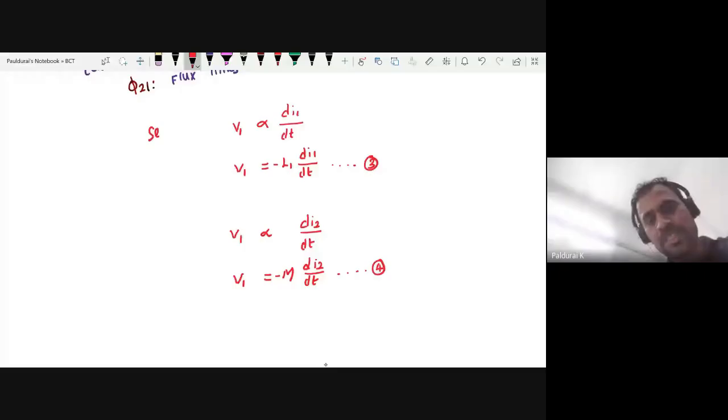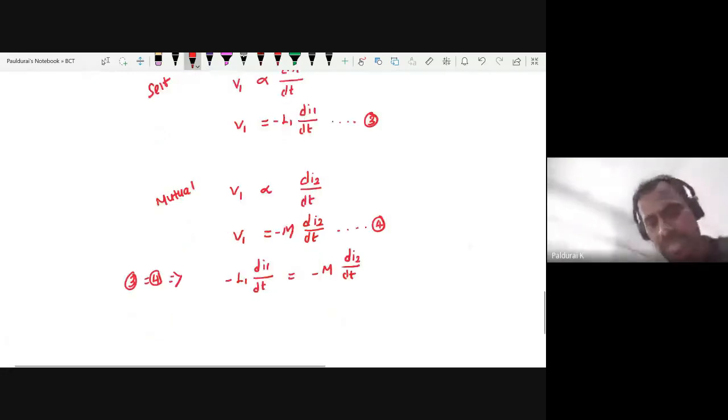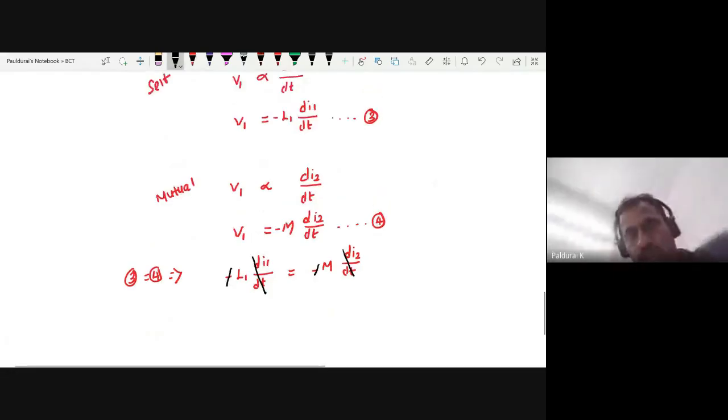Now equation 3 equals 4, since both are V1. So minus L1 into dI1 by dt equals minus M into dI2 by dt. Now the minus gets cancelled, d by dt gets cancelled. Actually here only one change.